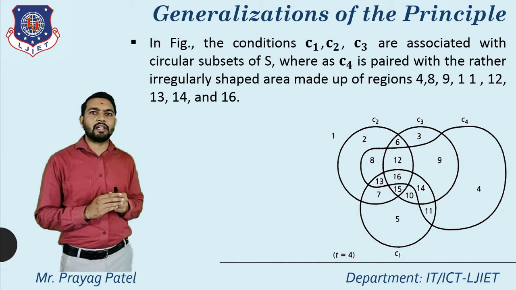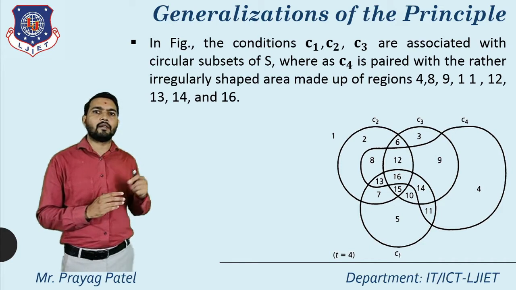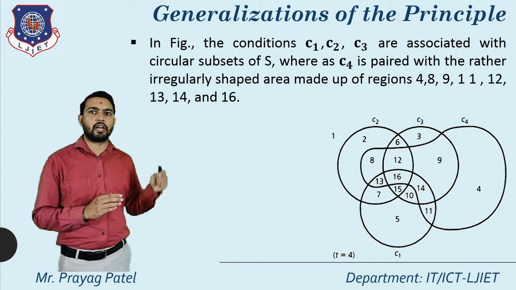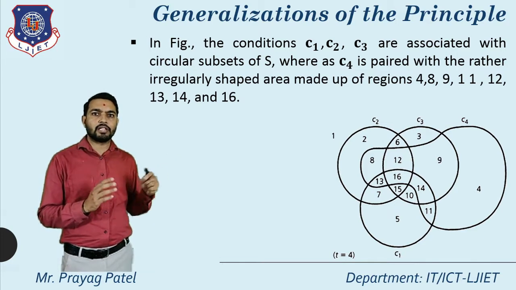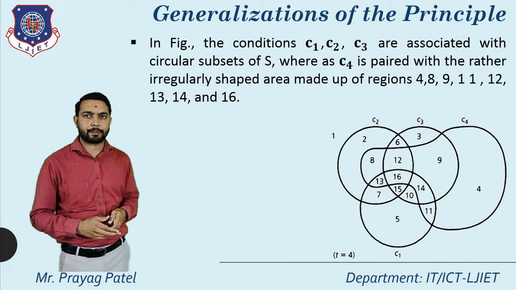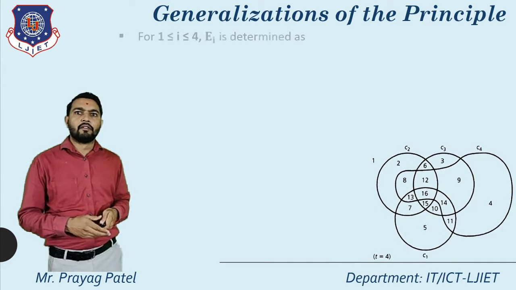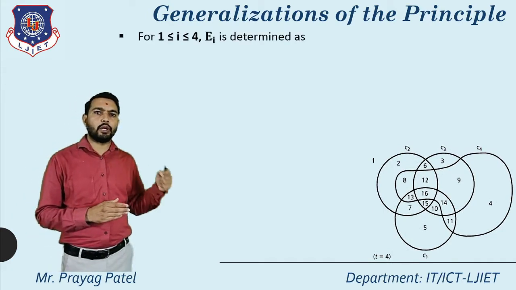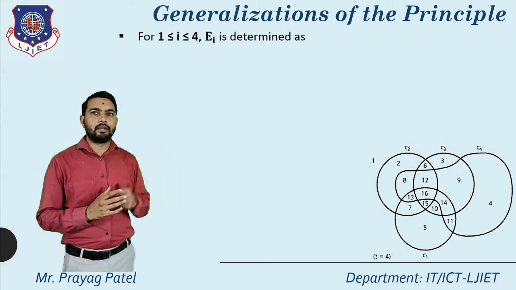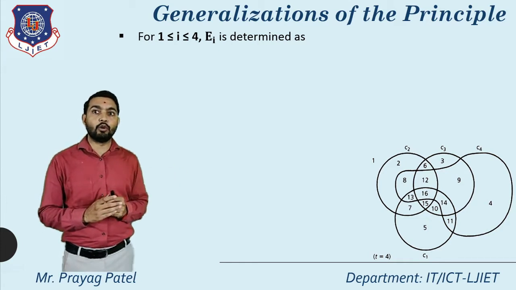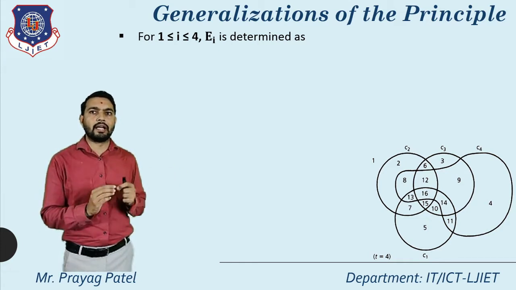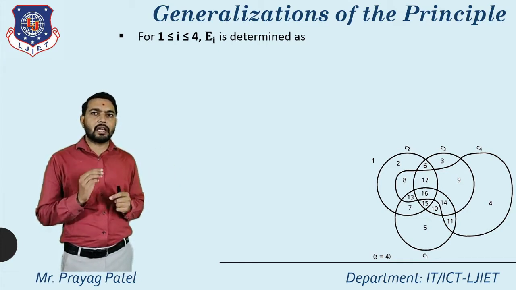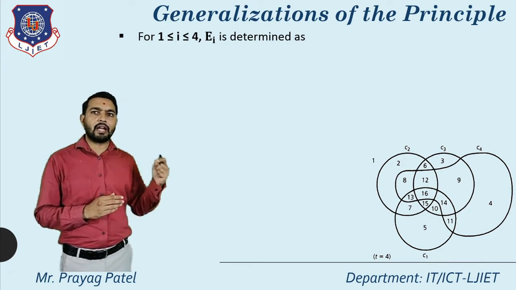So we represent the regions for C4 as region 4, 8, 9, 11, 12, 13, 14 and 16. So these regions are included in C4. Now for that we have to calculate E1, E2, E3 up to Ei, where i is 1 less than or equal to i less than or equal to 4. That means E1, E2, E3 and E4.